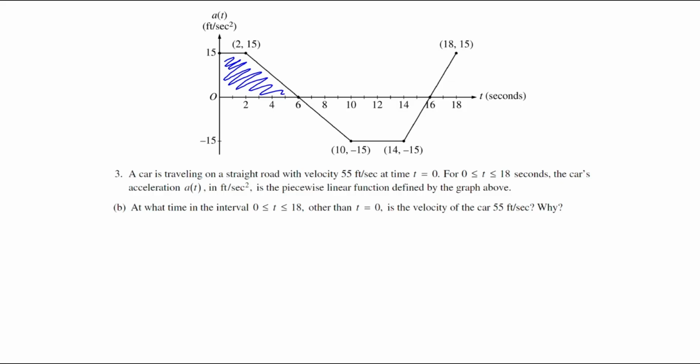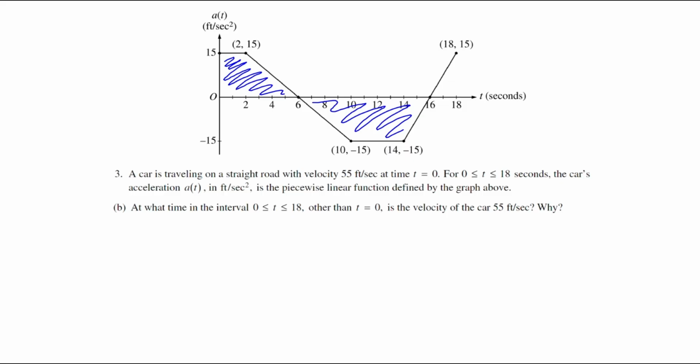But somewhere along this section down here, it would seem that there's going to be a place where the velocity is back to 55, because somewhere between 6 and 16, those negative areas under the curve are going to cancel out with the positive areas underneath the curve.